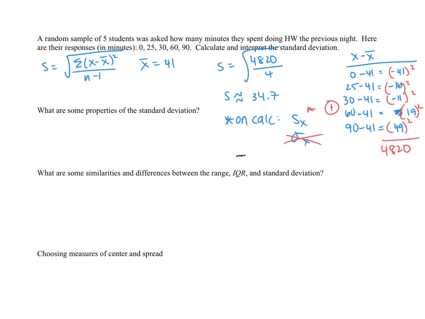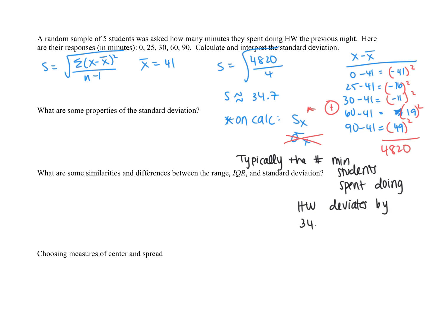So we would say typically the number of minutes students spent doing homework deviates by 34.7 minutes from the mean.